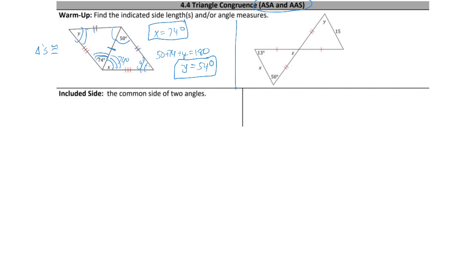Next one. They are congruent by side angle side, so this is also z. That means corresponding sides are congruent.